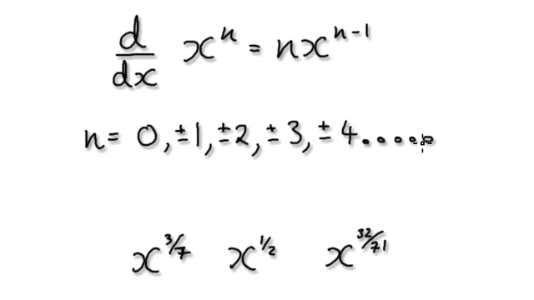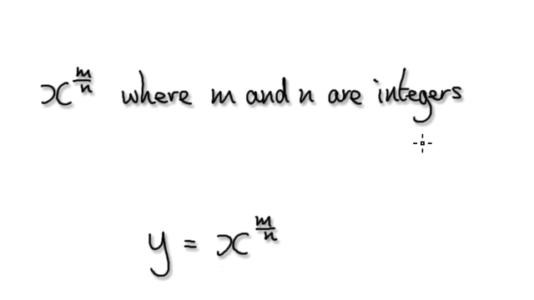Okay, so let's start out with this. We want to consider the case when x is to the power of any fraction, let's say 3/7. So we would write the power of any fraction in this form, m over n, where m and n are integers.